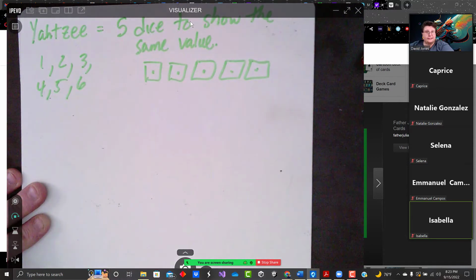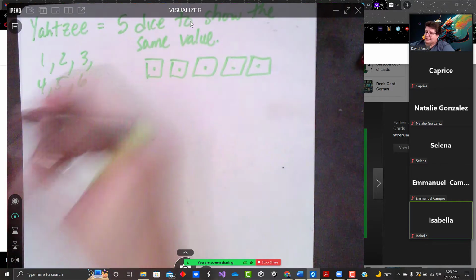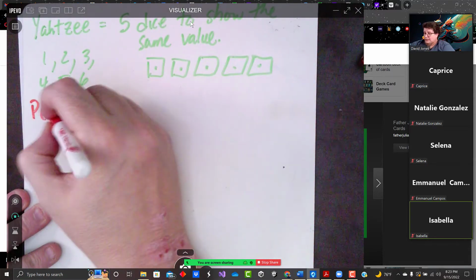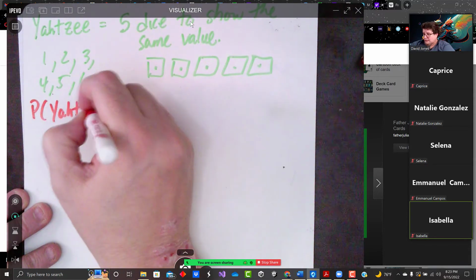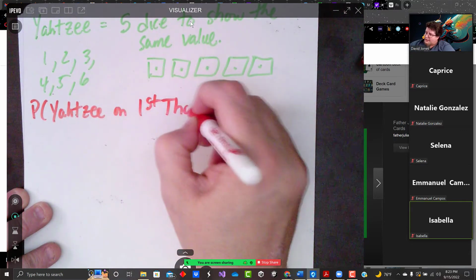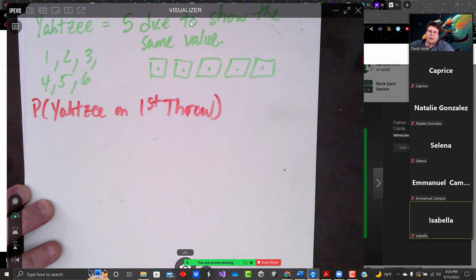There are 6 different Yahtzees you can get. Okay, so the probability of getting a Yahtzee on the first try. On first throw. In Yahtzee, you can pick up dice you don't want to use and throw 2 more times for a total of 3 different tosses. The probability of getting a Yahtzee in the long run like that is a lot more work to calculate. I'm not even going to do it in this class, but 1 throw is easy.